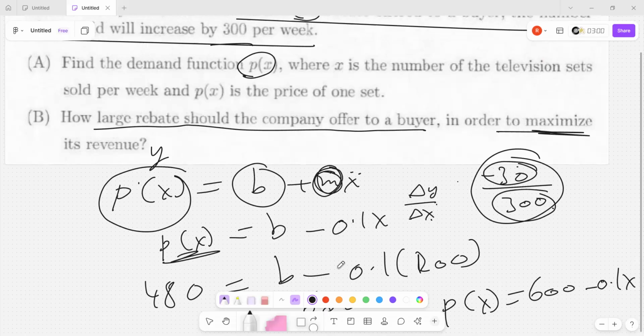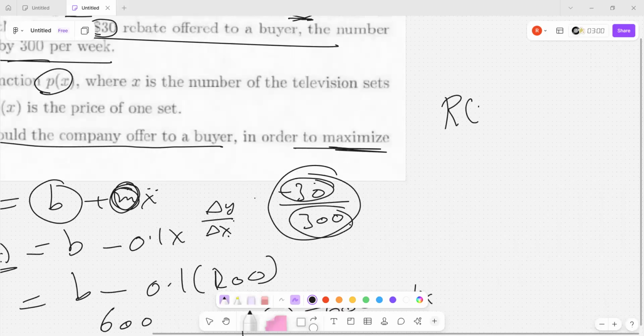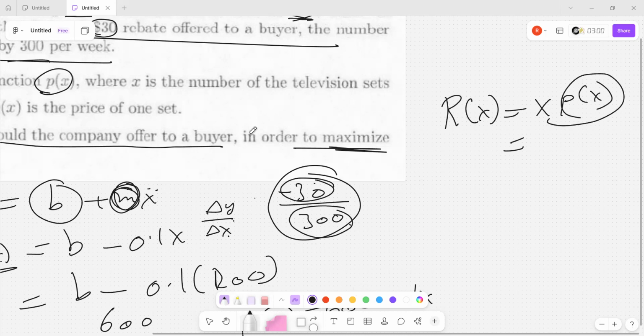And another formula: the revenue function also equals the number of items times what? The price, right? Perfect. So we already have P of X. So the revenue is X times (600 minus 0.1X).